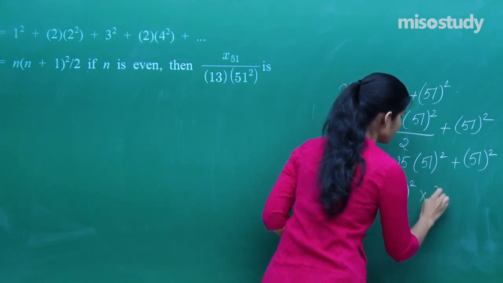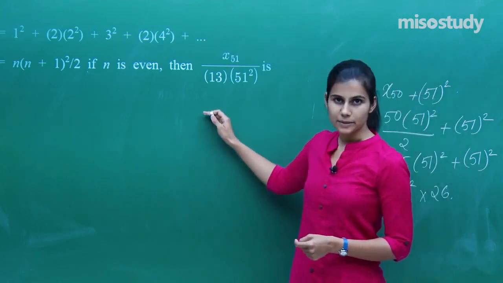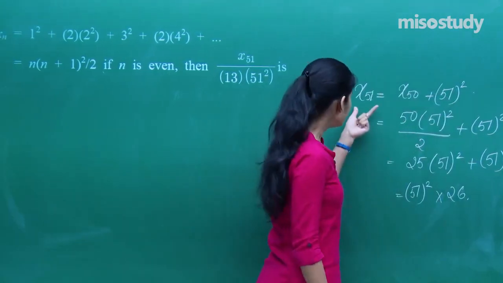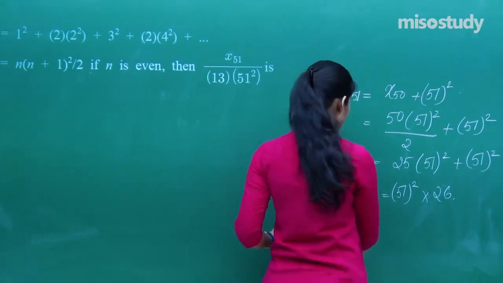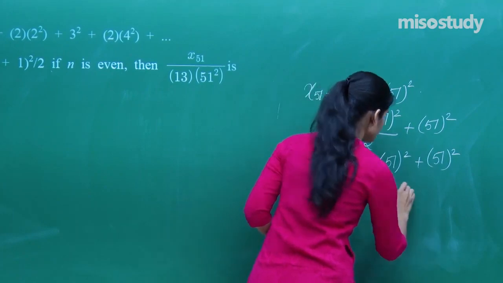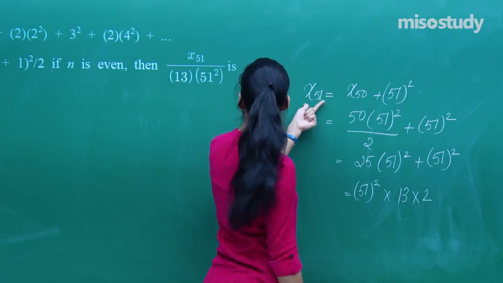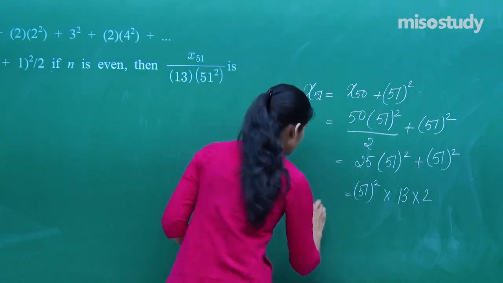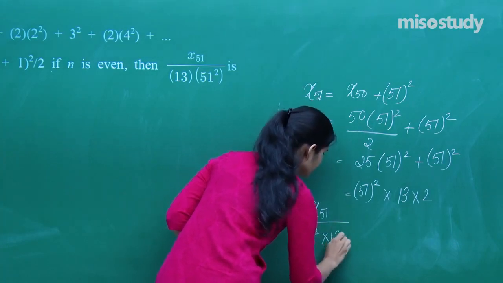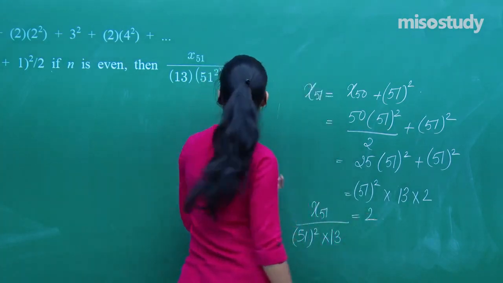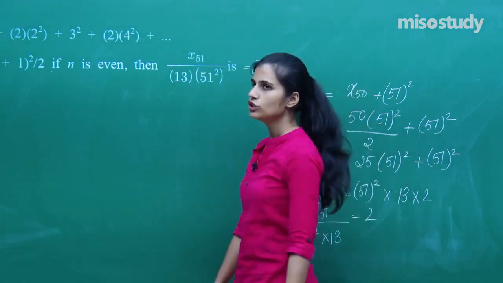This is 51 square multiplied by 26, right? So this is x51, and this is 26. 26 is 13 into 2. So x51 upon 51 square into 13 comes out to be equal to 2. So x51 upon 51 square into 13 is the integer 2.